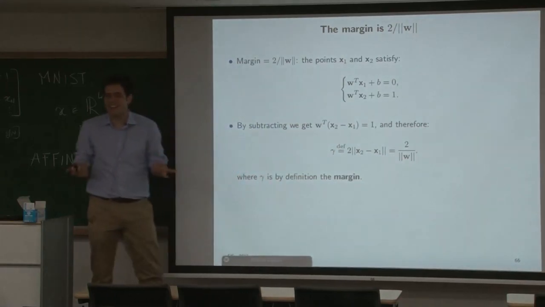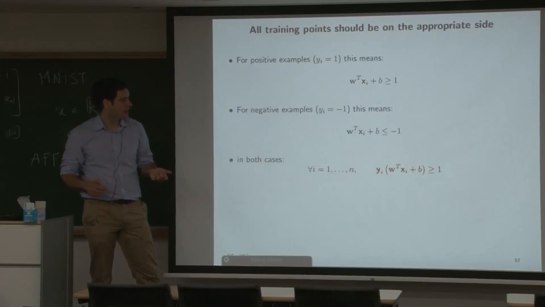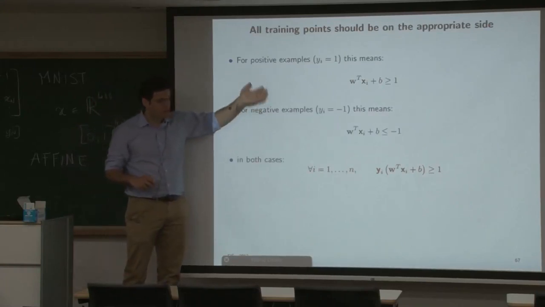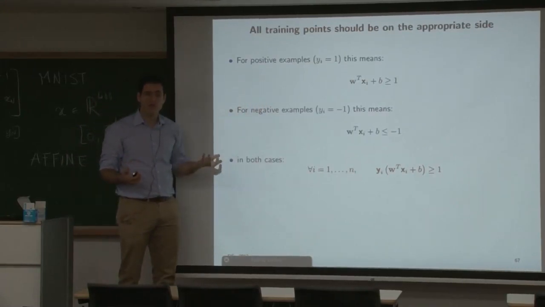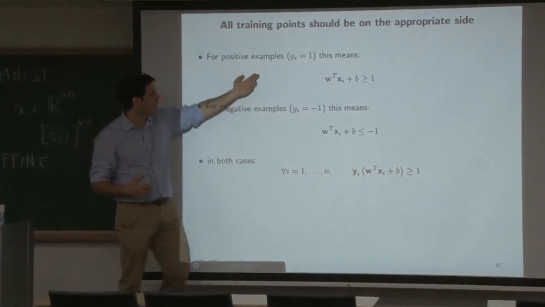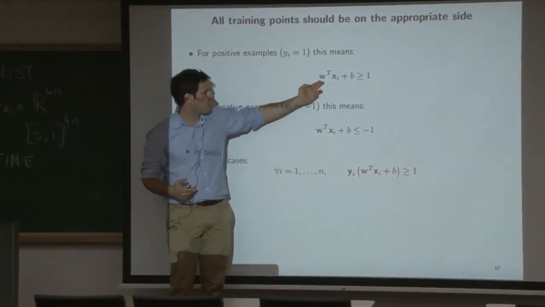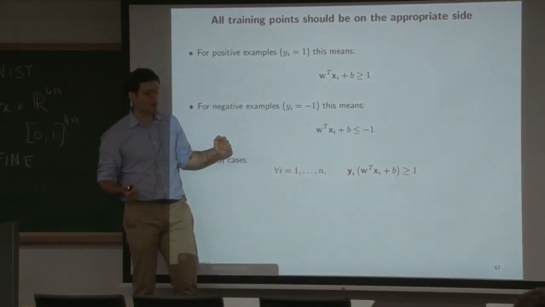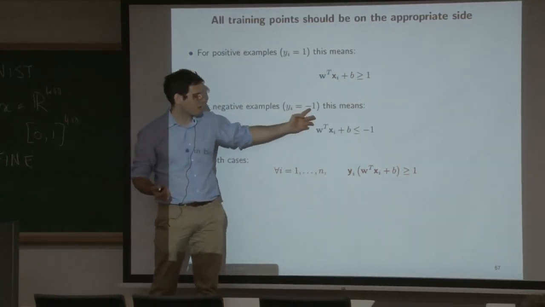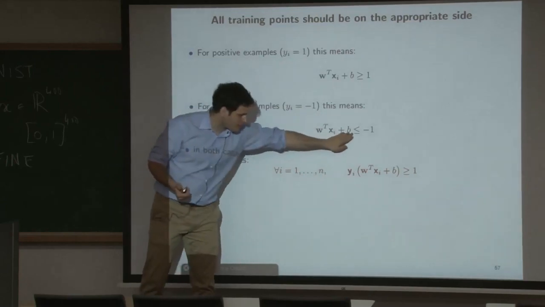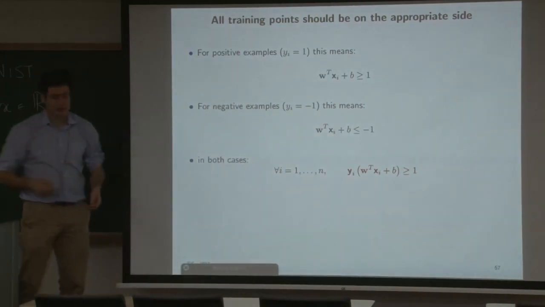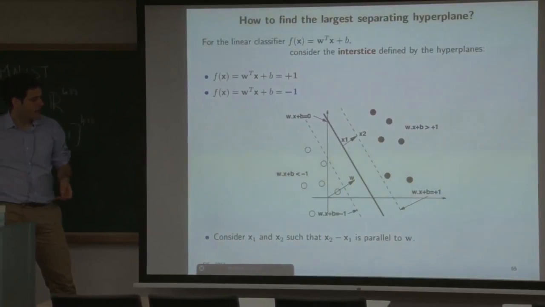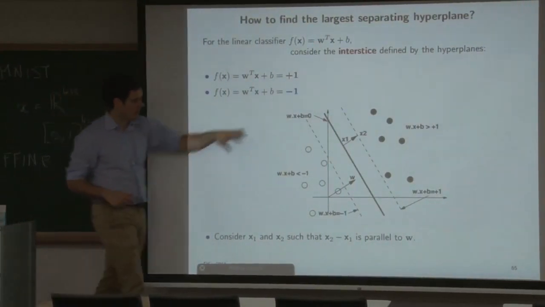But I cannot take any w. Remember that I need this tube to agree with my labels. I need that for all points such that y equals 1, w transpose xi plus b is bigger than 1. And I need that for all points such that y equals minus 1, w transpose xi plus b is smaller than minus 1. This was by definition my convention.